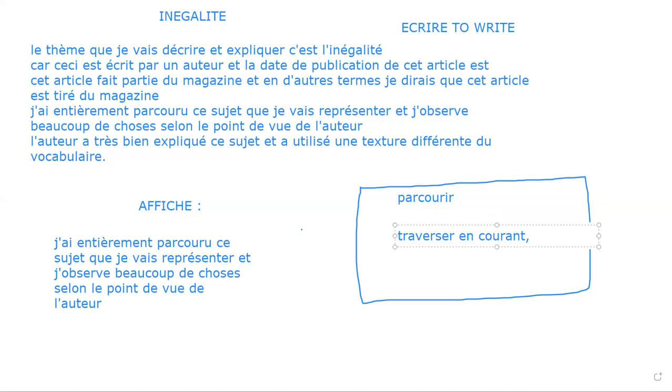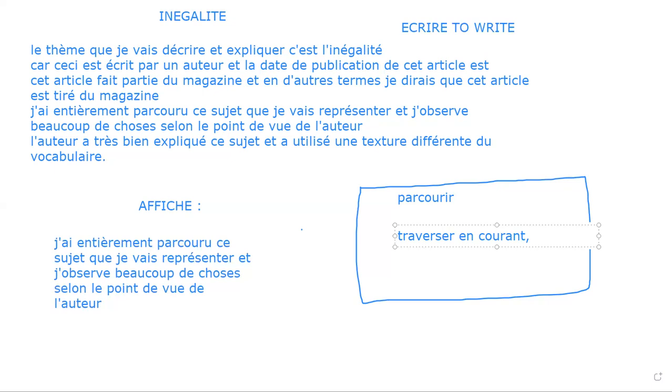If I say par exemple traverser en courant, it means I run across. You use English, I have gone through this profile, I have come across your profile, I have browsed your profile. How to say those things? I'm using parcourir and traverser en courant.